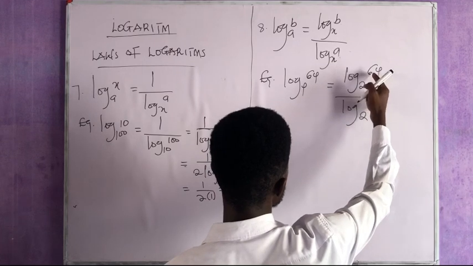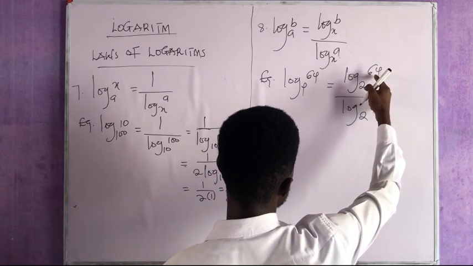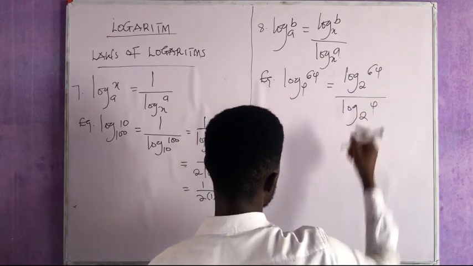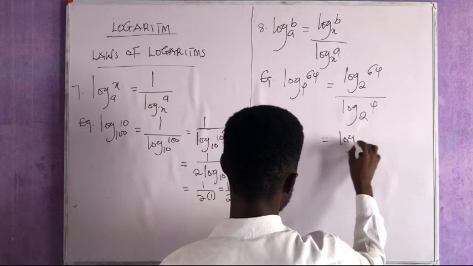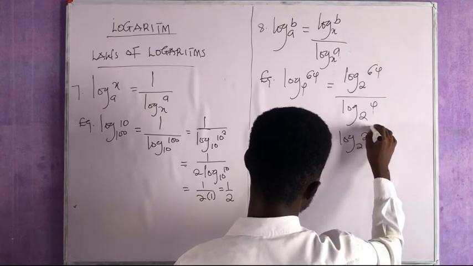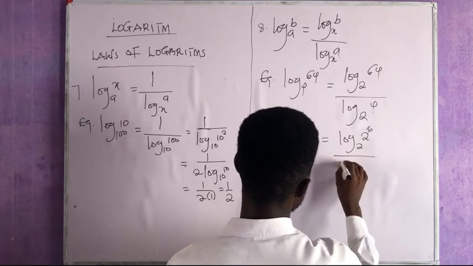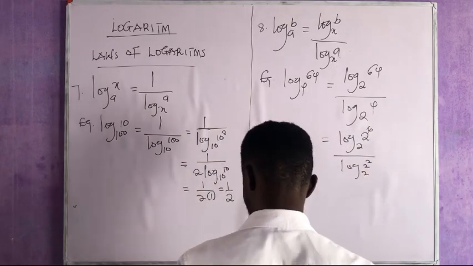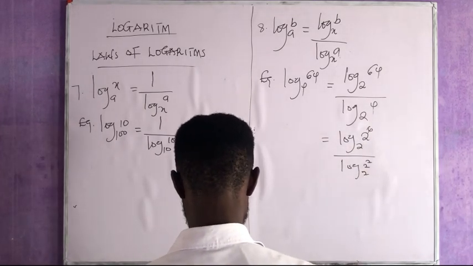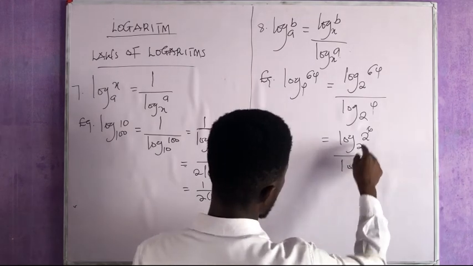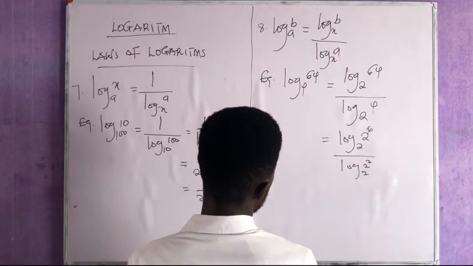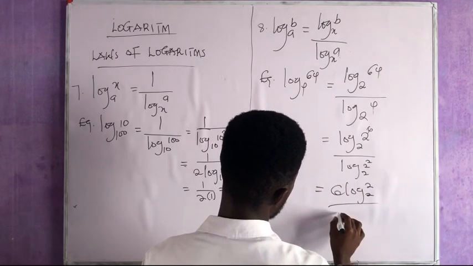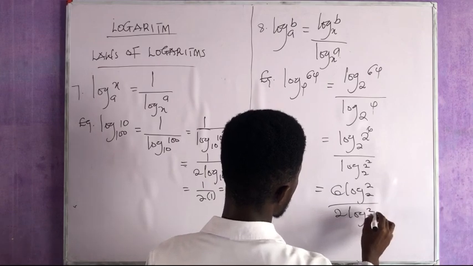It means that 2 to the power 6 will give you 64, and 2 to the power 2 will give you 4. And here you apply that property, so you have to bring the 6 to the front. So you have 6 log 2 base 2 over 2 log 2 base 2.